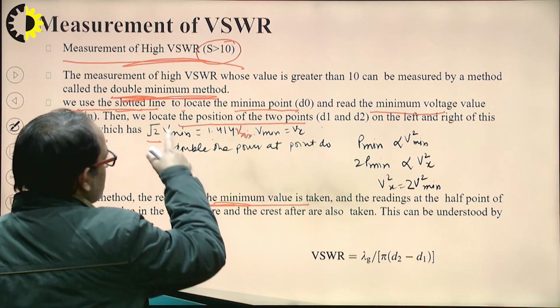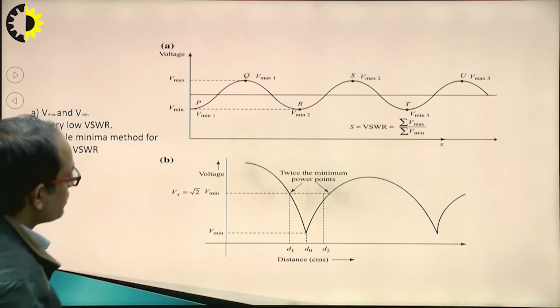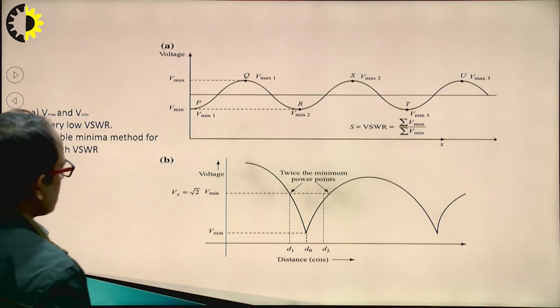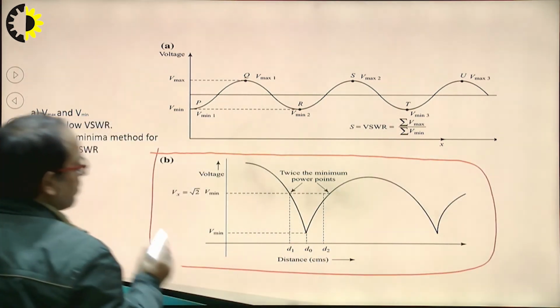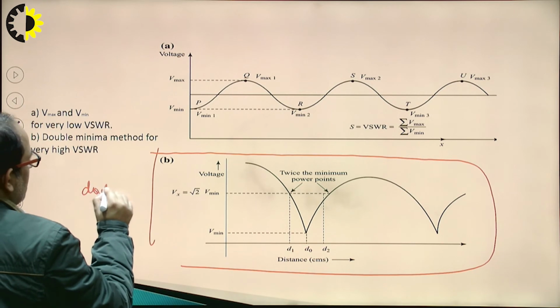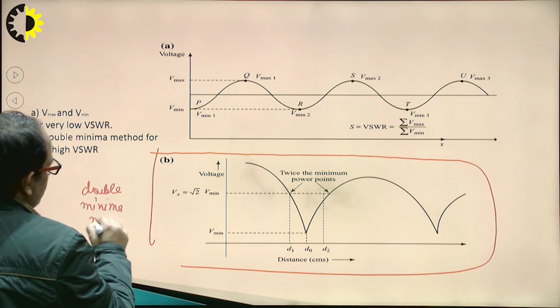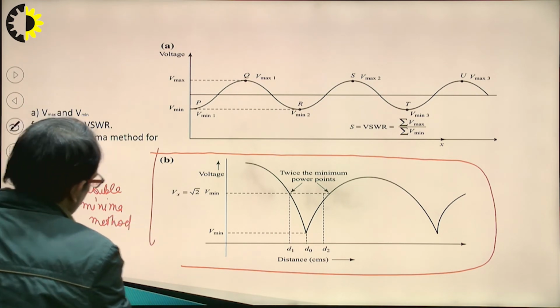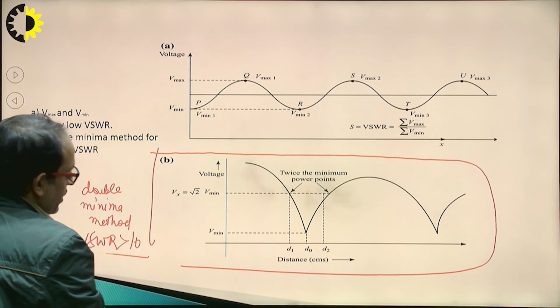And on squaring this power, you will get what? D0. Now see this one. From this position, you will see this one. This is the double minima method, when VSWR is greater than 10.